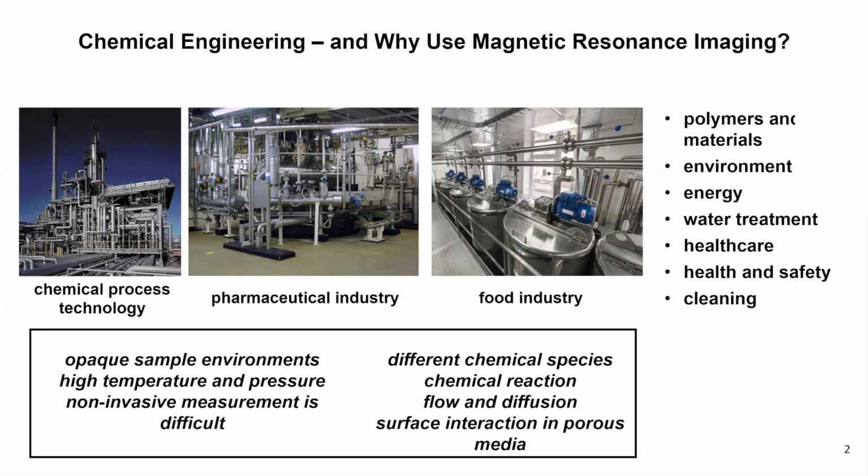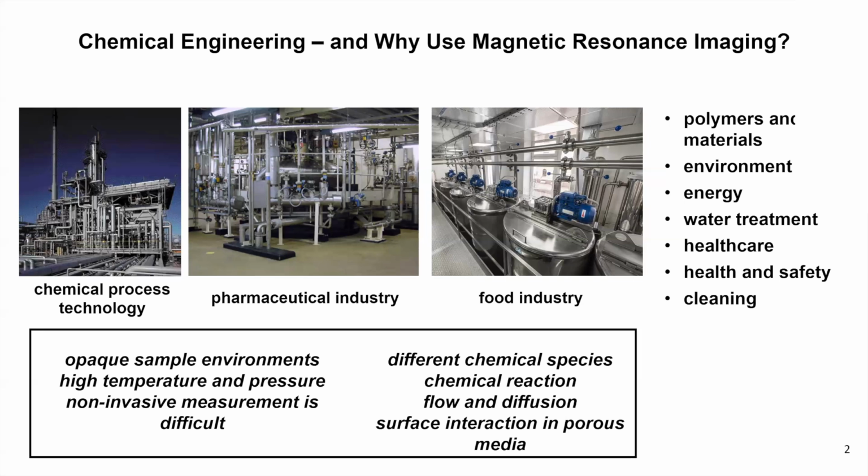And it's important across a wide range of sectors, obviously making chemicals, chemical process technology, but also pharmaceuticals, vaccine manufacture, the food industry, cleaning products, and various other sectors that you've got down on the right-hand side there. But some of the things which are common to this, we're often looking at wanting to understand systems which are in opaque environments, often at elevated temperatures and pressures, and where non-invasive measurement is typically difficult.